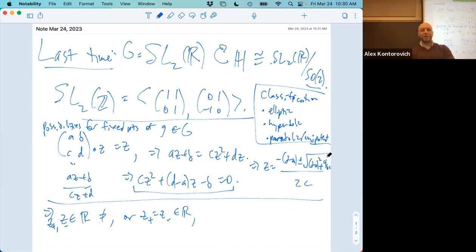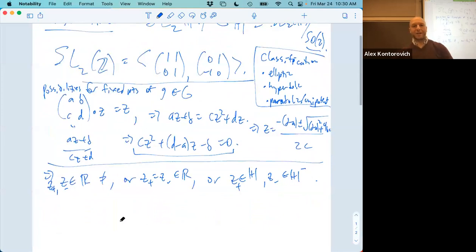That's if the discriminant is 0. If the discriminant is real and positive, or the discriminant is 0, or the discriminant is complex, then we have one point here and the other point is in the lower half plane. Does that make sense? Hear what I'm saying here? Yep. So let's work out what that discriminant is.